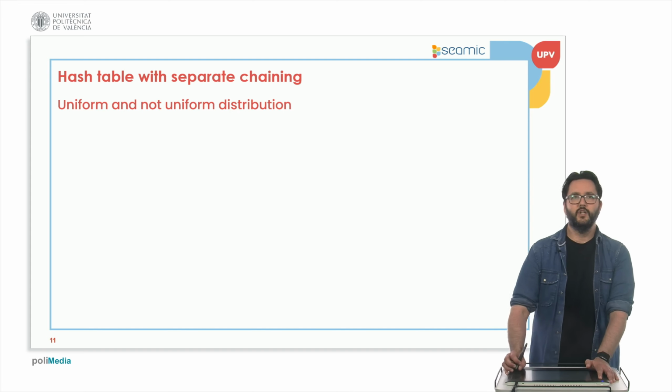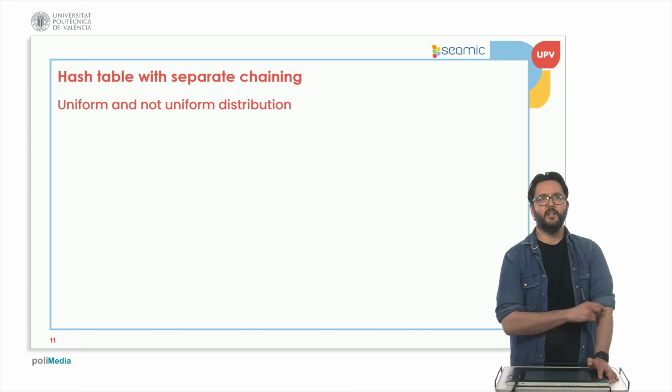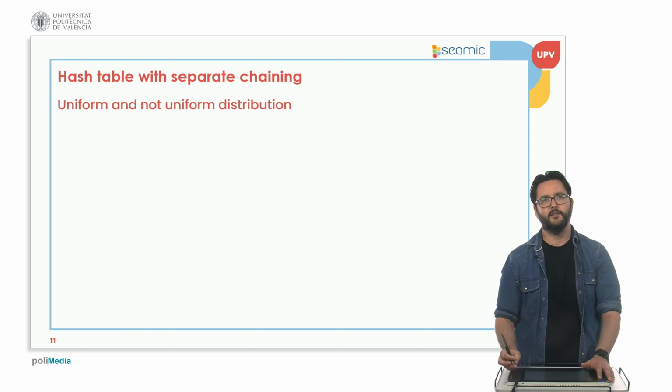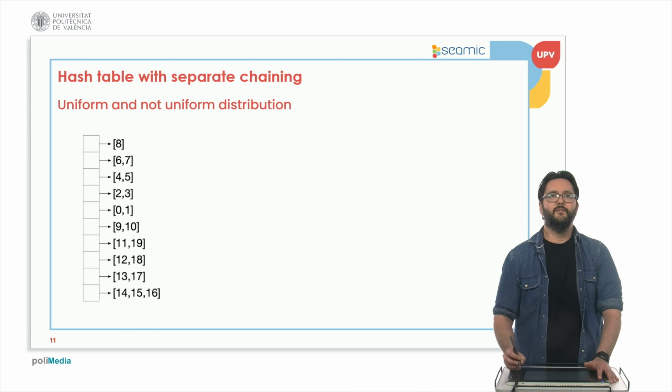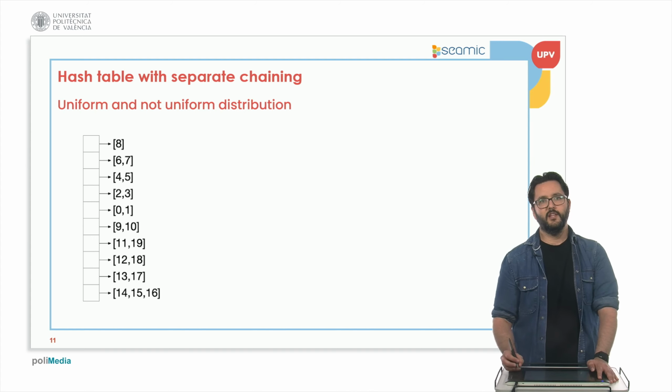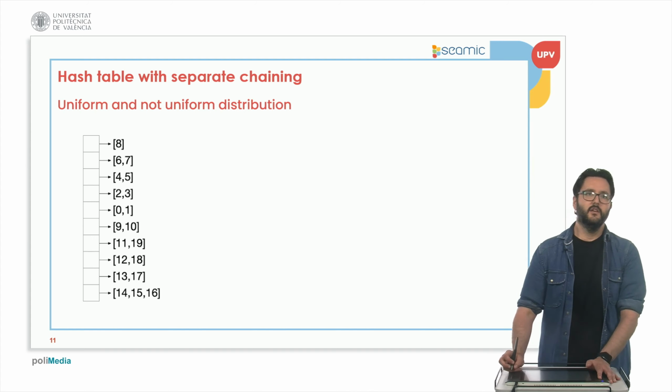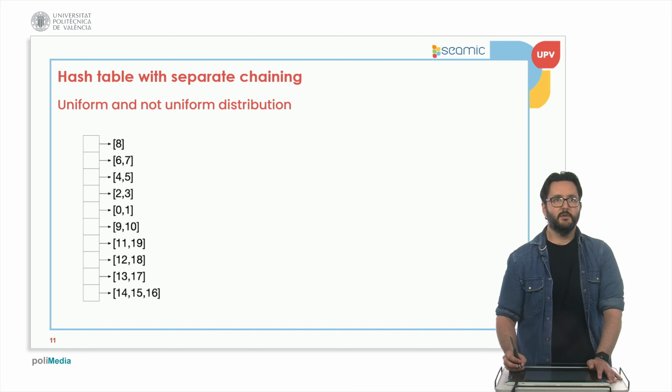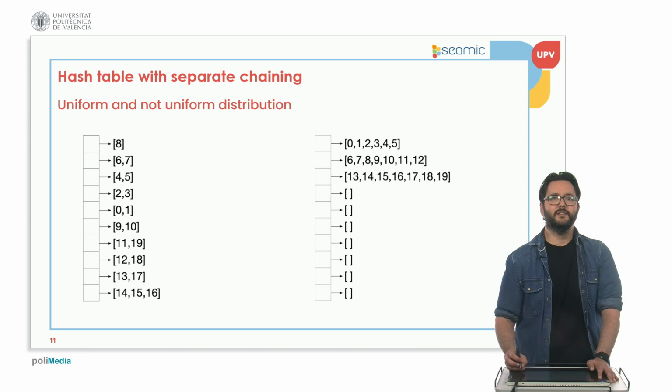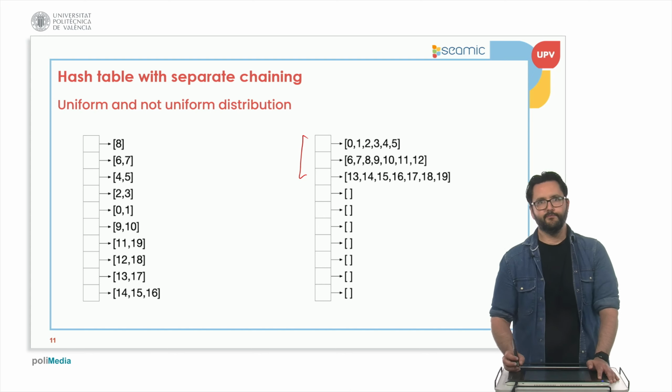On the other hand, we have the distribution of the elements along the table, along the list that we are using. We can have a table that has a uniform distribution of elements, with almost all buckets having a length similar to the load factor, or a table that has a non-uniform distribution of elements, with many empty buckets and some buckets with a lot of elements.